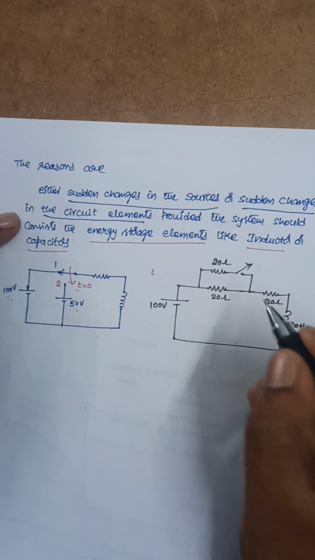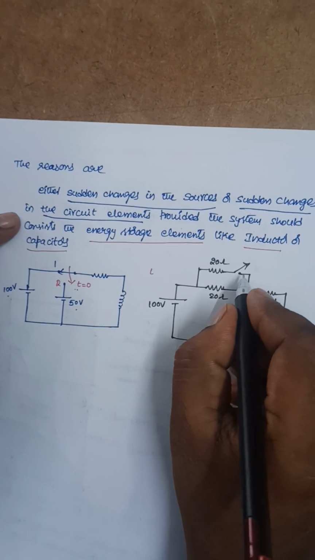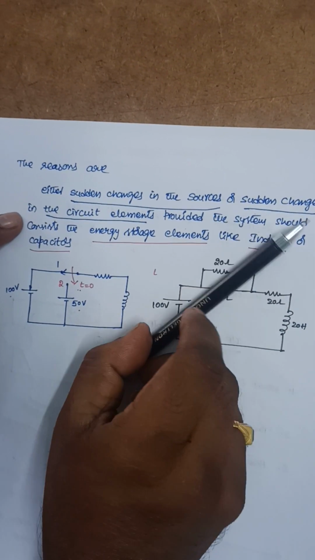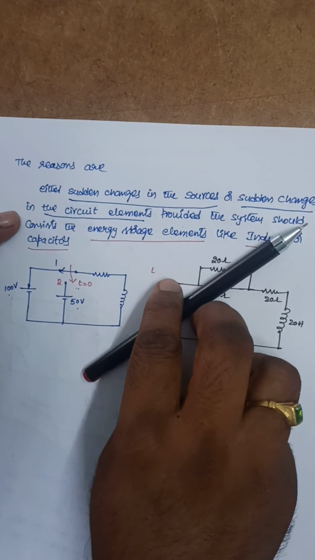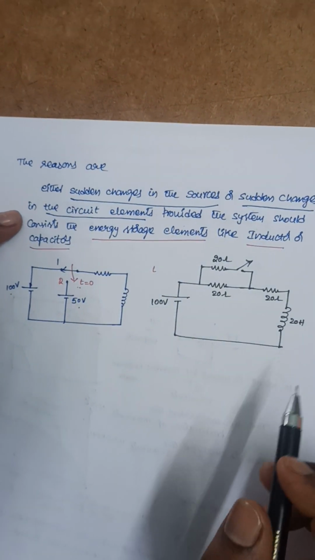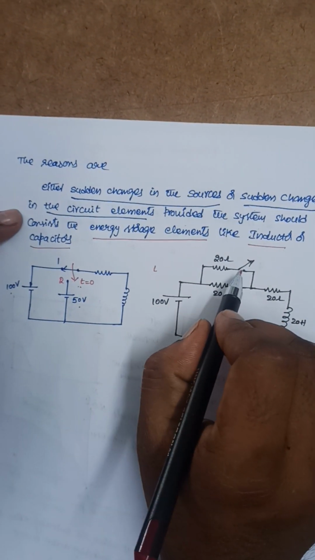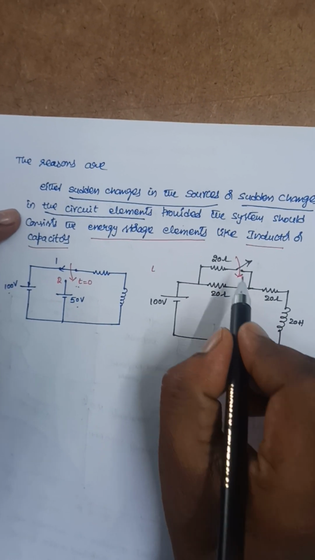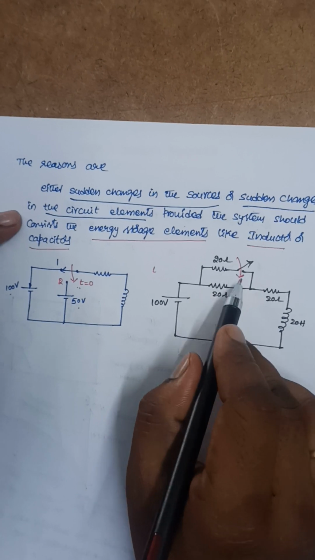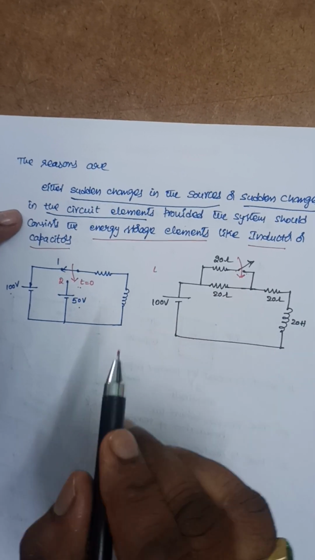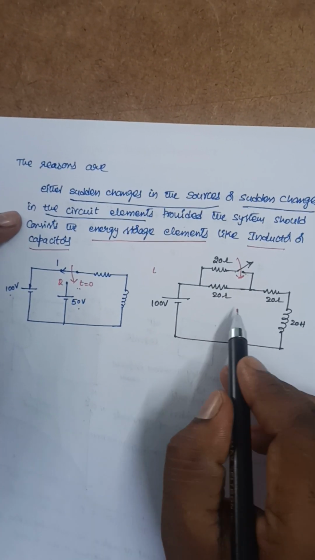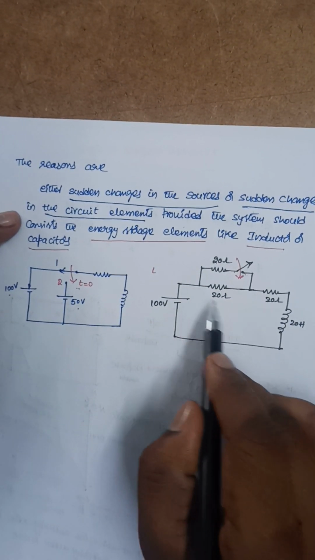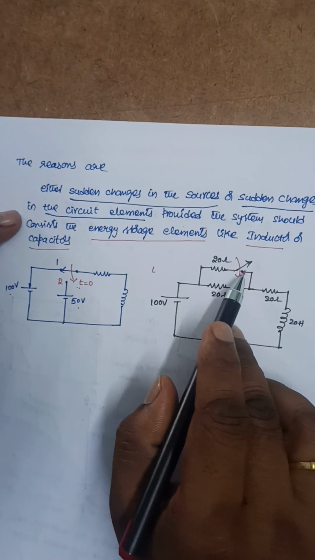If the switch is off, it means the switch is in open position. Switch in closed position means the switch is on. Whenever you suddenly switch on this switch, there will be the production of transients, because there is a change in circuit elements.